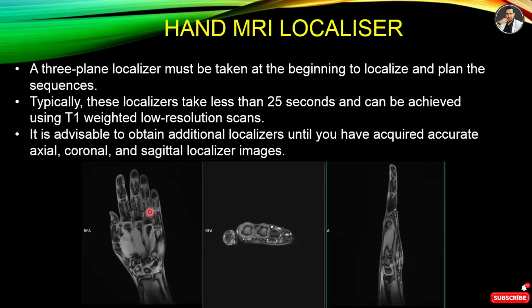So, until we get a good image, we can repeat the localizer, so that we can plan the protocols properly. It is advisable to obtain additional localizers until you have acquired accurate axial, coronal and sagittal localizers. The localizer does not take much time. It takes 20 to 25 seconds.